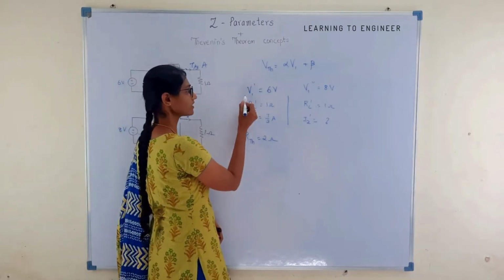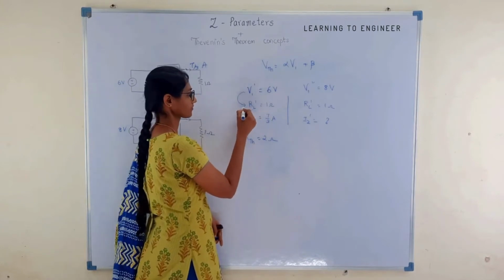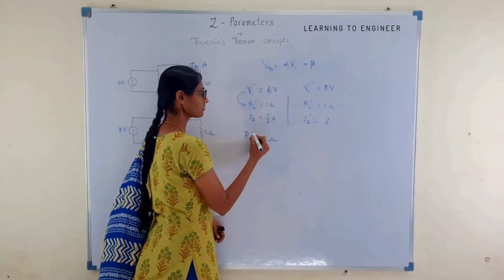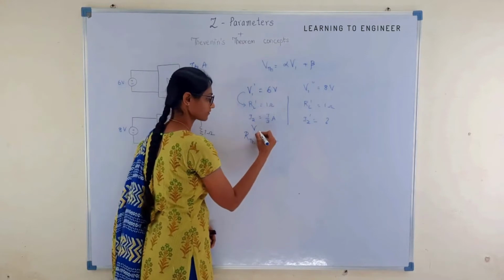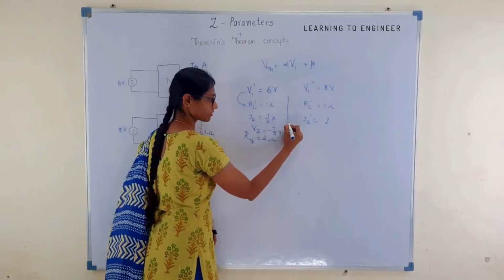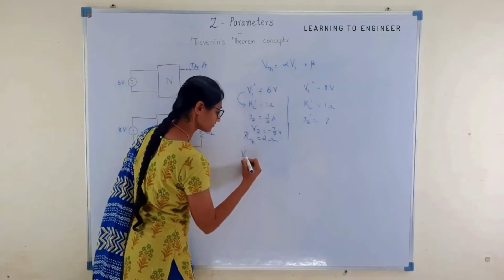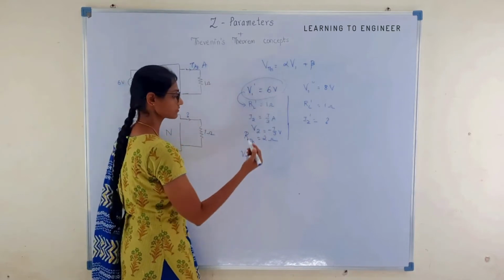Okay. So when V1 is 6 volt, RL is 1 ohm. I2 is given as 7 by 3 ampere. So what can we conclude? What is the value of the voltage across this? V2 is equal to minus 7 by 3 volt. Now for this case, let us find out the Thevenin equivalent voltage when V1 is 6 volt.